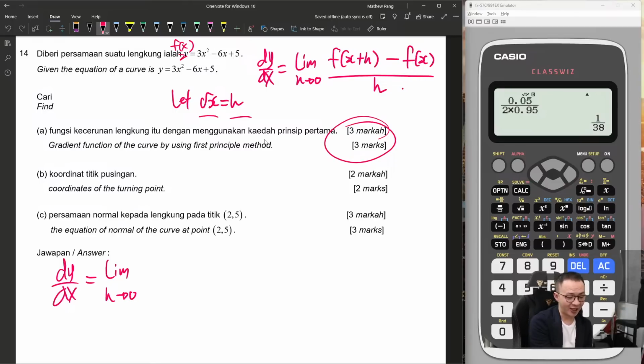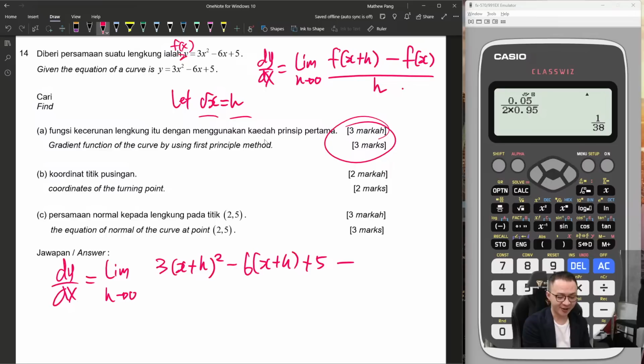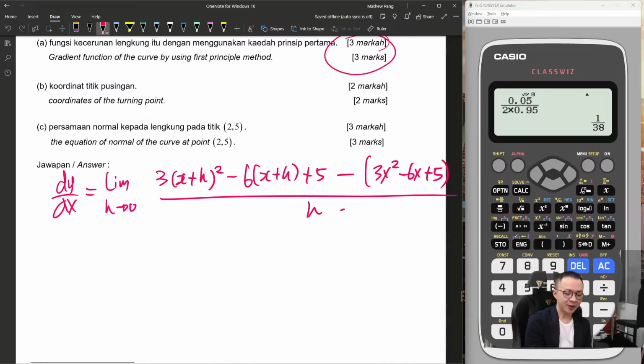Just imagine y is f(x). Then we should have 3(x plus h) squared minus 6(x plus h) plus 5 minus f(x), which is minus 3x squared minus 6x plus 5, over h. Okay, so let's do it.